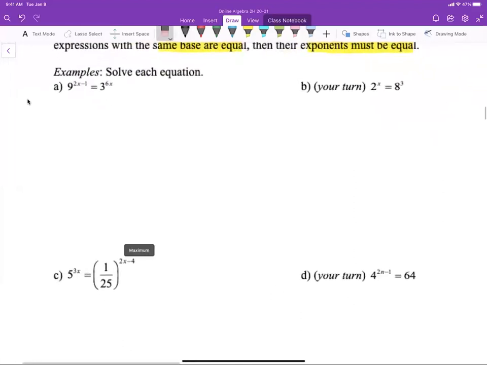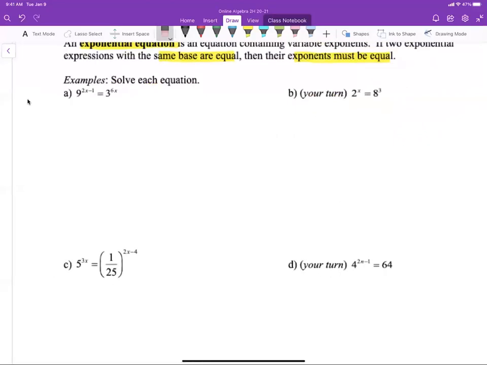So to solve these equations, the goal is to manipulate the bases. I have a base of 9, I have a base of 3, and we need to get the bases equal to one another. On the first side, I have 9 to the 2x minus 1 is equal to 3 to the 6x. So I want to figure out how to manipulate one of them to equal the other.